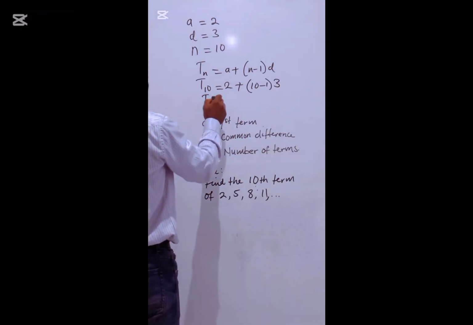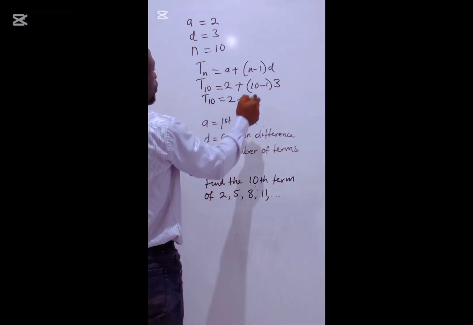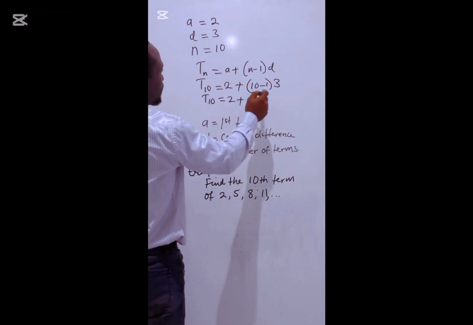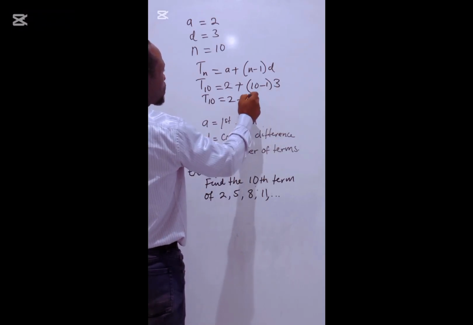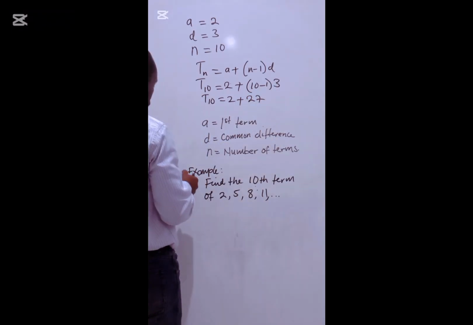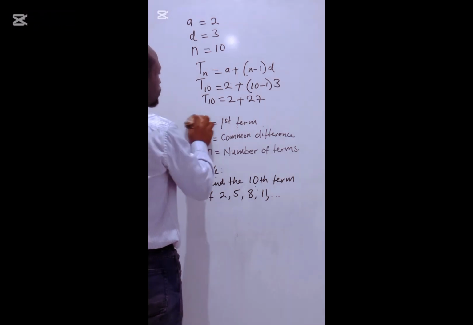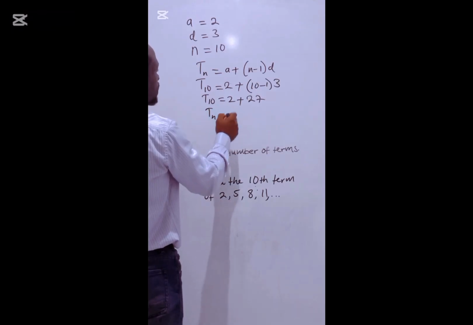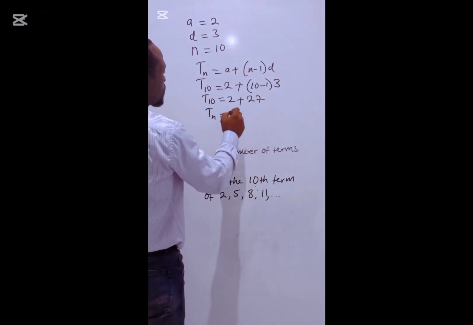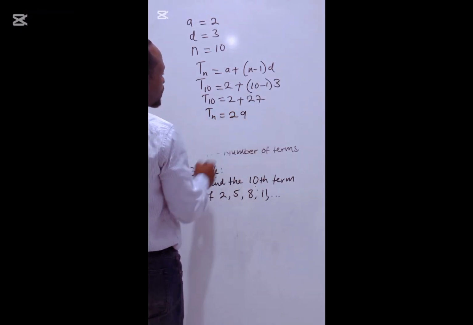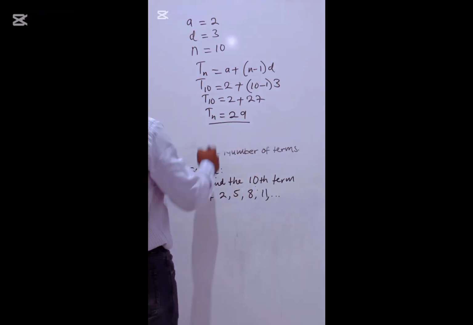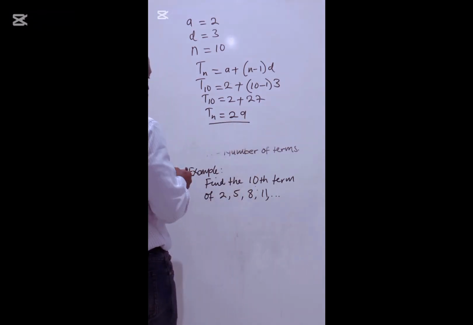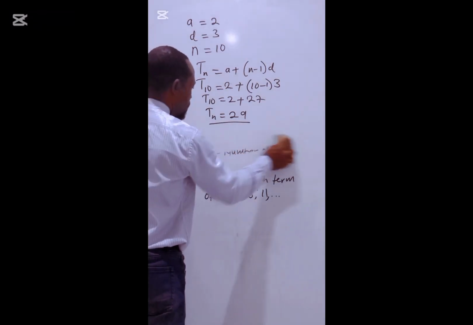Therefore, T10 is equal to 2 plus 10 minus 1, which is 9. 9 multiplied by 3 is 27. Therefore, T10 is equal to 2 plus 27, which is equal to 29. Therefore, the 10th term of the arithmetic progression is equal to 29.